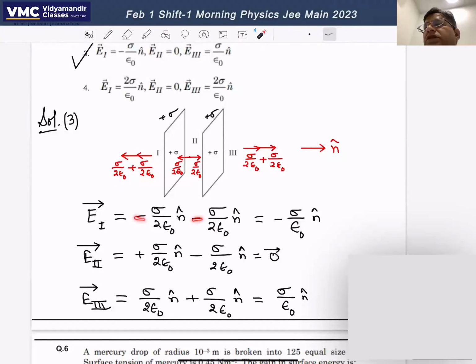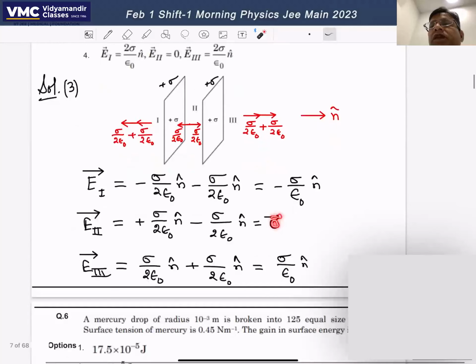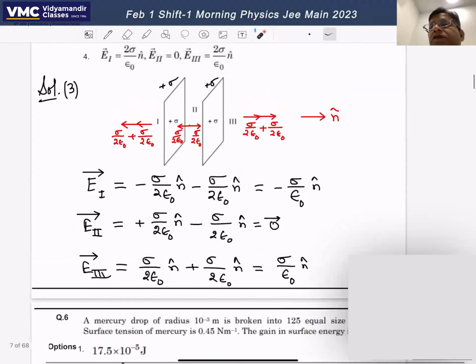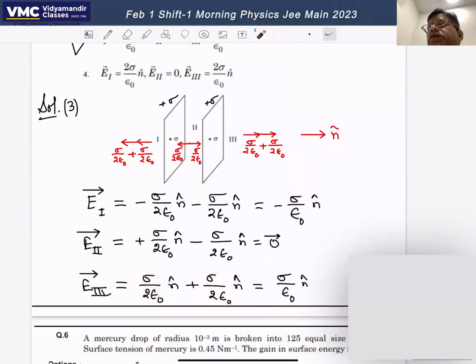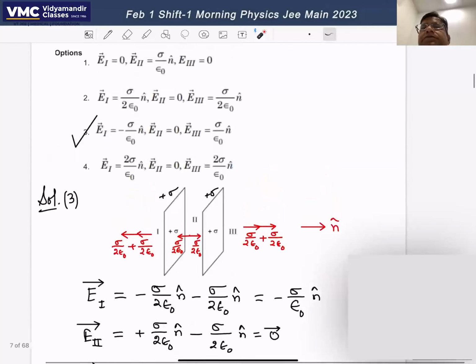So E1 will be negative, minus sigma by epsilon naught n cap. In the second region, these two fields cancel each other. It will be a null vector. In the third region, the electric fields of these two are added, and it will be sigma by epsilon naught in the right direction, so sigma by epsilon naught n cap.